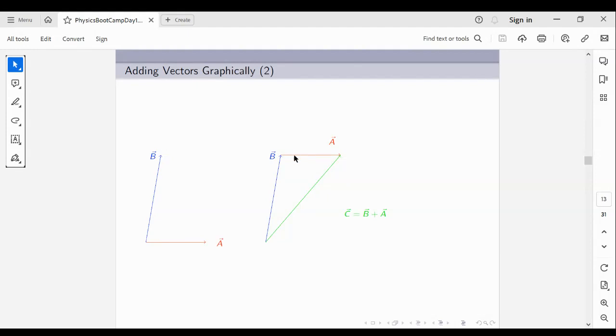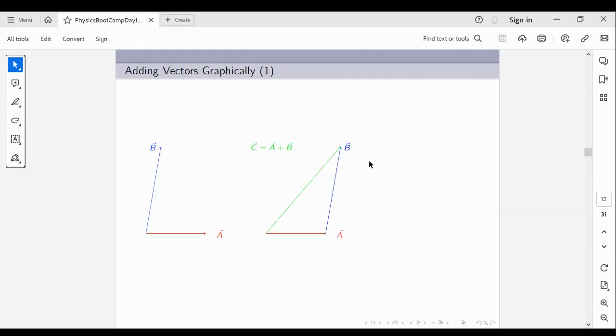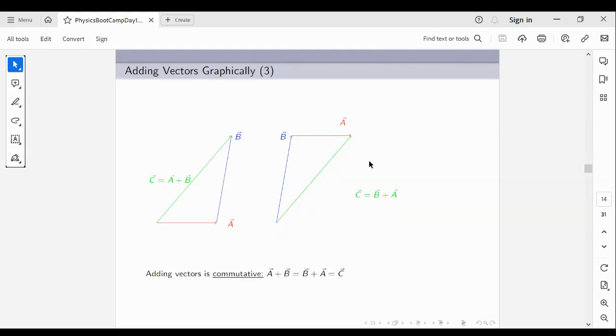In this case, we're moving the tail of A to the head of B, and now we're drawing from the tail of B to the head of A after we've moved A. So if we take a look at these two comparisons, we see that they are the same vector. C equals A plus B, C equals B plus A. That means adding is commutative.